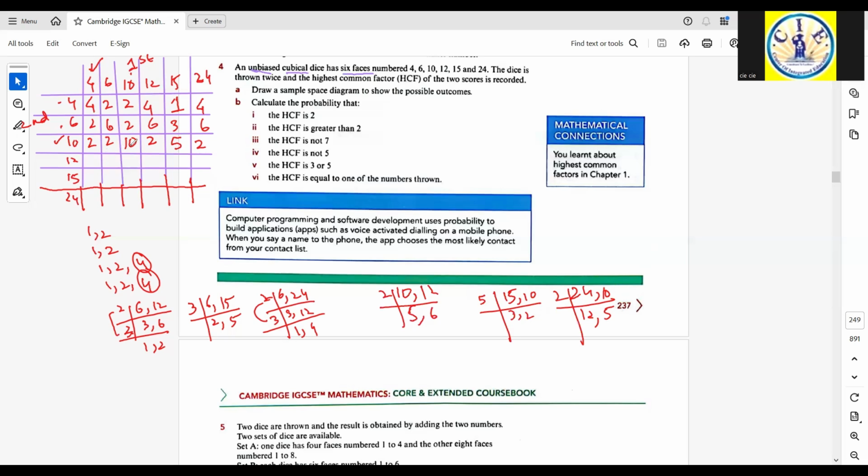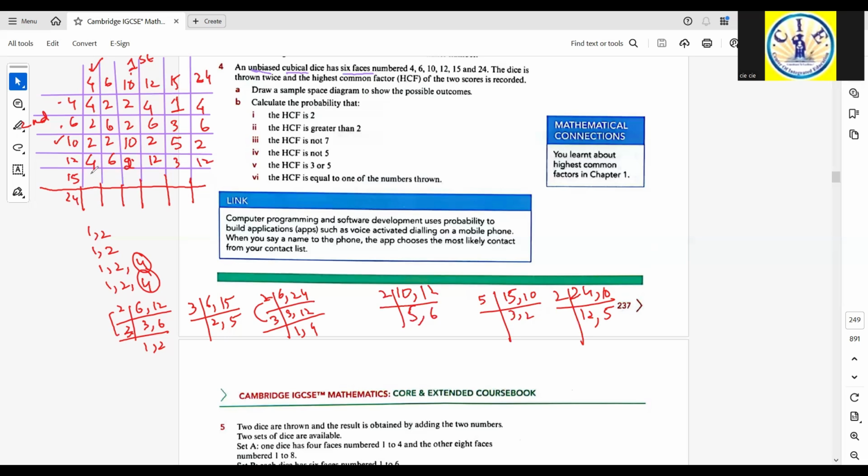Okay, for 4 and 12, this would be 4. In the same way, this would be 6. This would be 2. This would be 12, 3, and 12.